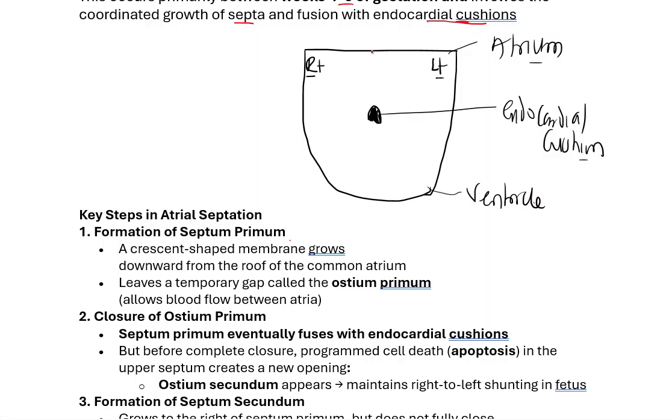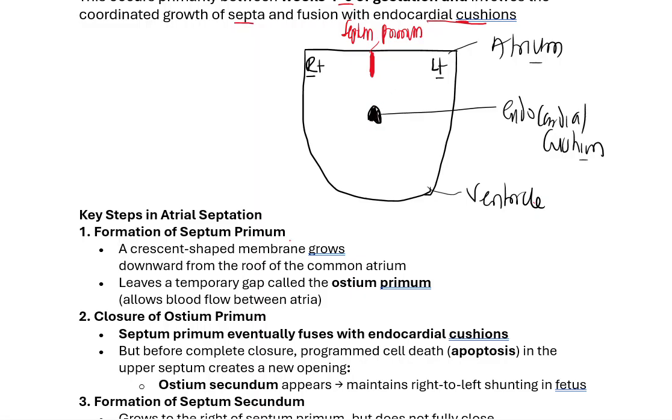The first step in the process is, from the roof, we're going to have the appearance of the septum primum. This septum primum is going to continue to grow towards the endocardial cushion.